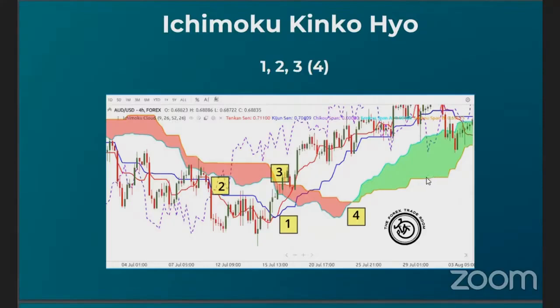And that's what she asked about, how it acts like a magnet and can serve as support, especially when they get flat. You see how that flattened out right there, and it held? When they get flat, they can become pretty strong levels.